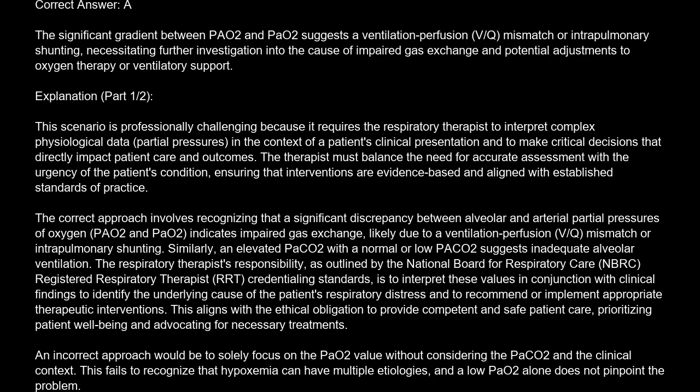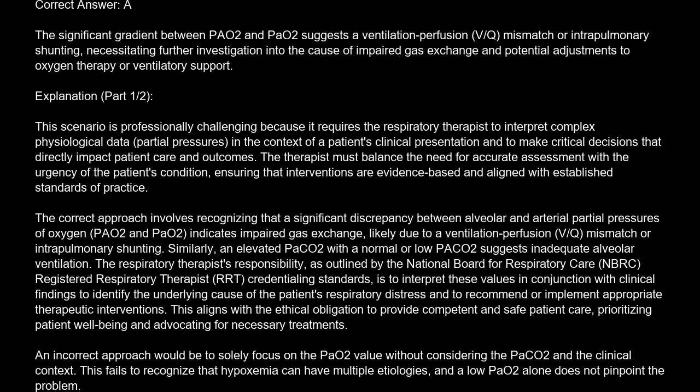Explanation: this scenario is professionally challenging because it requires the respiratory therapist to interpret complex physiological data, partial pressures, in the context of a patient's clinical presentation and to make critical decisions that directly impact patient care and outcomes. The therapist must balance the need for accurate assessment with the urgency of the patient's condition, ensuring that interventions are evidence-based and aligned with established standards of practice.